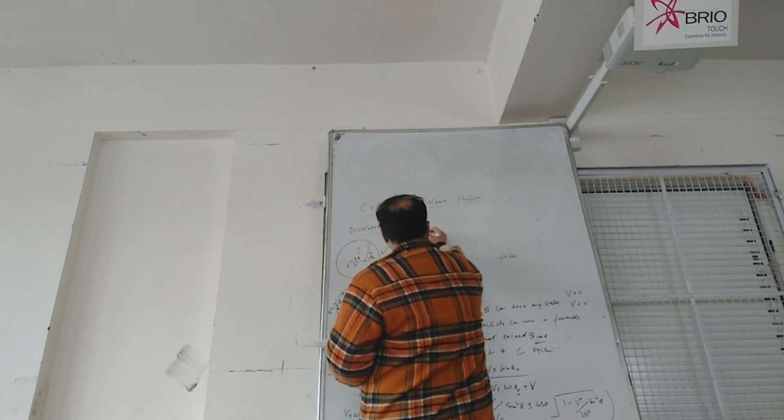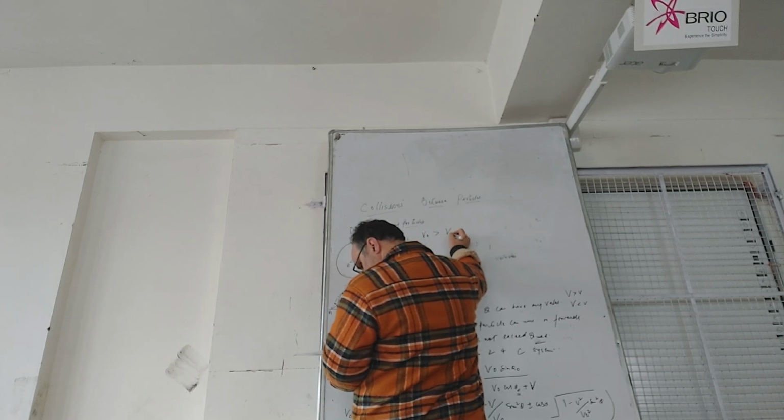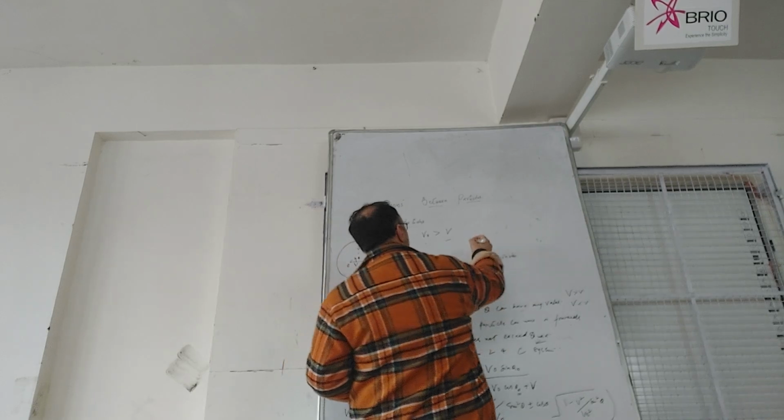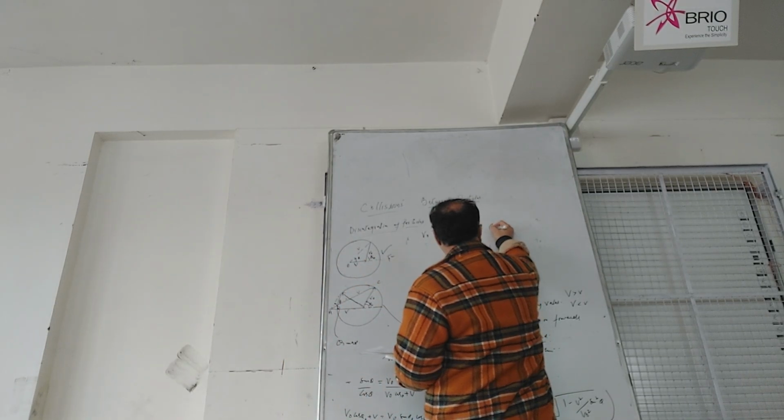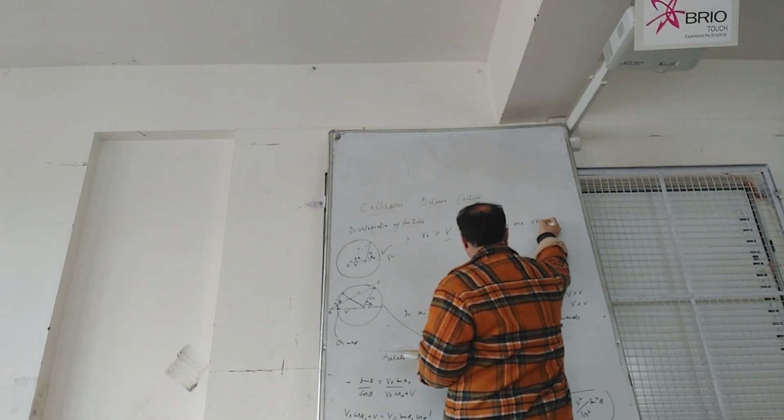Now what if V naught is greater than V, the relation between theta and theta naught is 1:1.